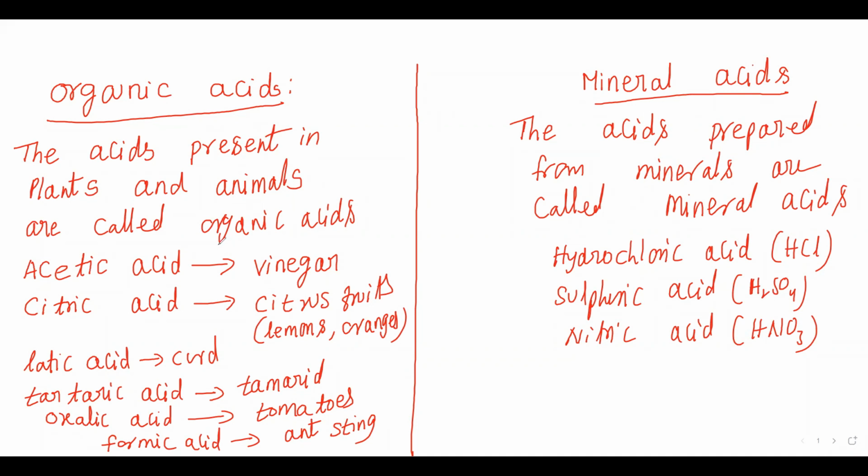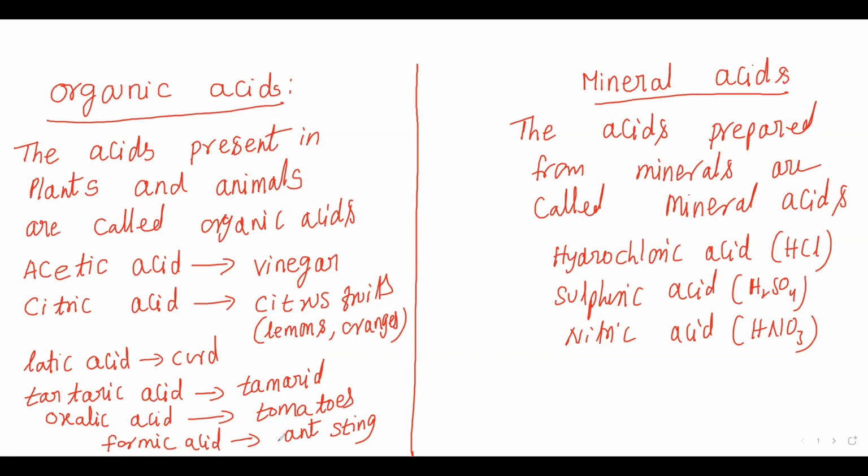Some examples: acetic acid is found in vinegar, citric acid in citrus fruits like lemons and oranges, lactic acid in curd, tartaric acid in tamarind, oxalic acid in tomatoes, and formic acid in ant sting.